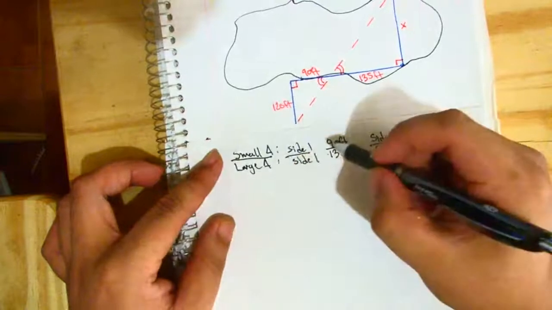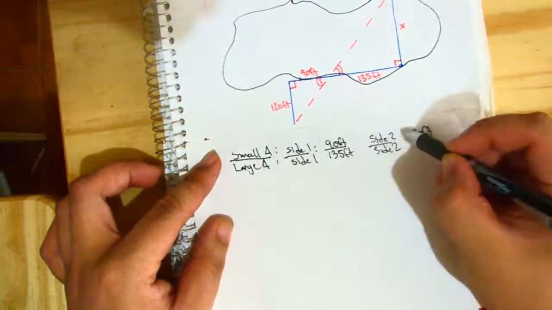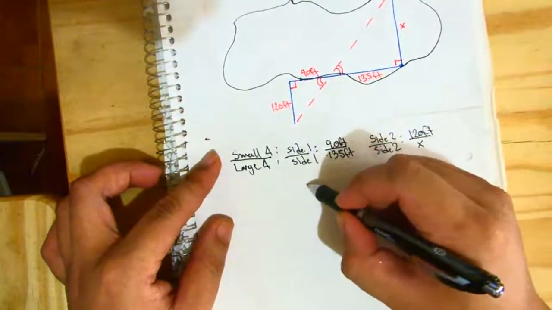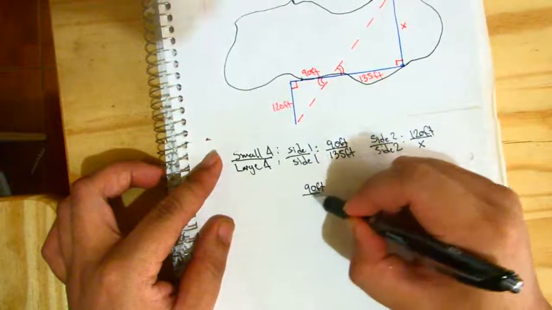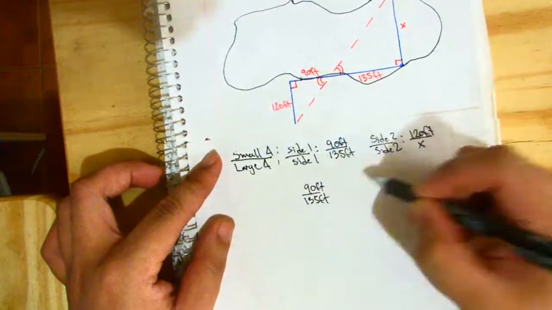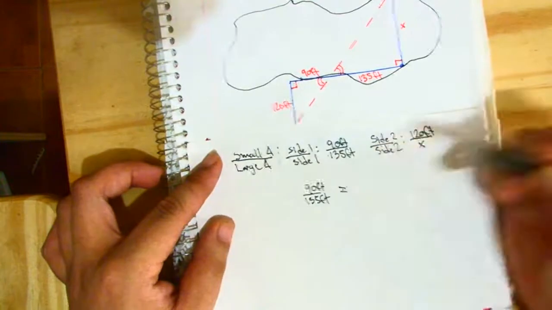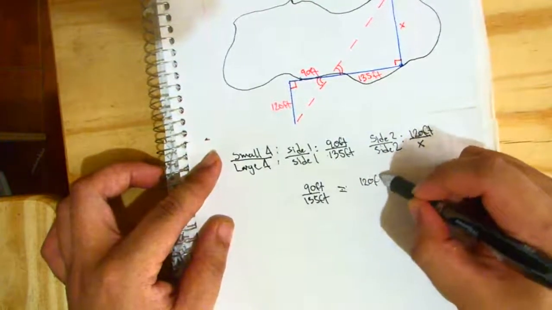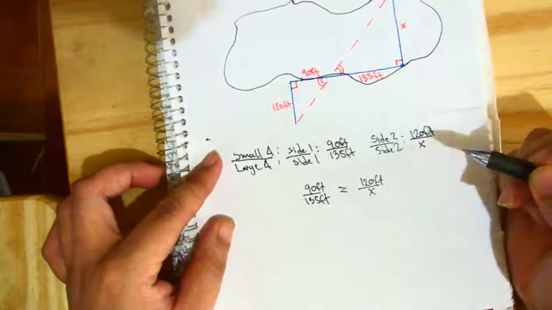Next, we're going to use ratios and proportions. Using the ratios and proportions that we just found, it will be 90 feet over 135 feet equals 120 feet over x.